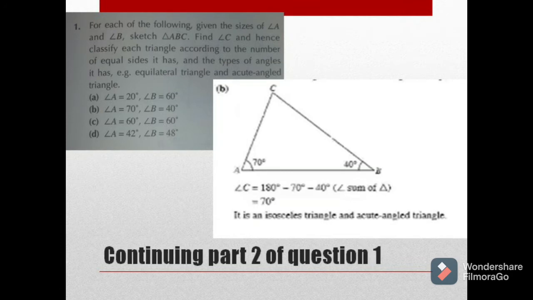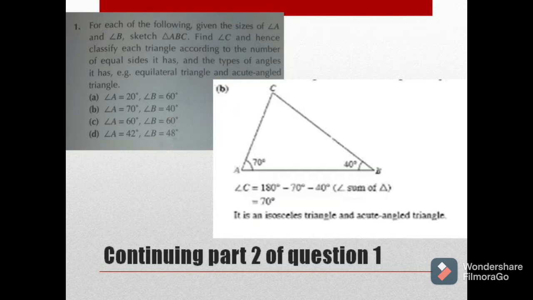It says that angle A is equal to 70 degrees and angle B is equal to 40 degrees. Basically we have to follow the same steps done in part A of question number 1. I subtracted both values from 180 degrees and I got the answer as 70 degrees.